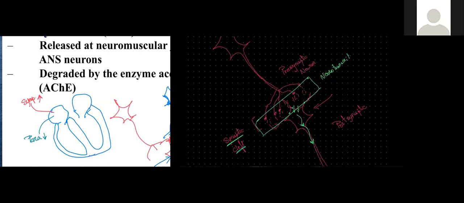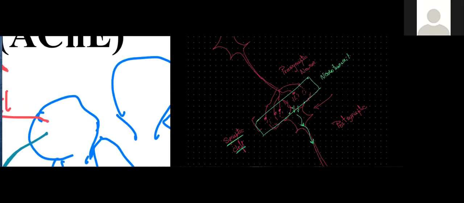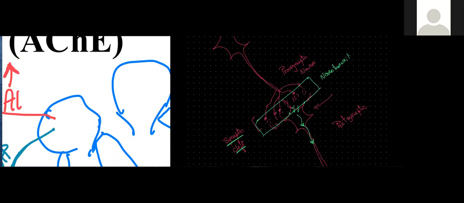Through the two nerves that I'm getting here, I'm conducting the same action potential. Either you want to increase the heart rate or you want to reduce the heart rate. It's the same electrical impulse. The difference is in here, is what kind of neurotransmitter are you gonna be releasing?